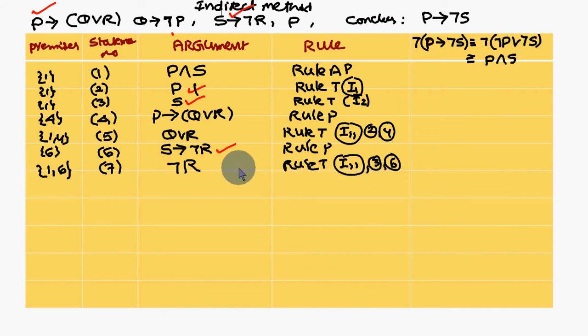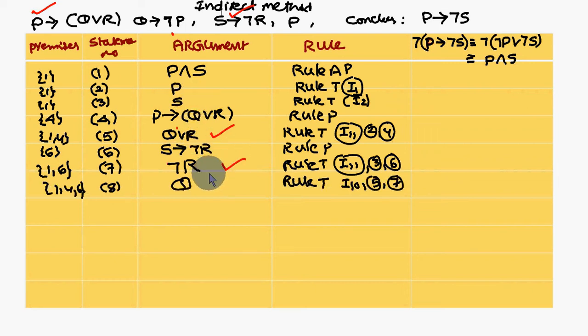Okay. Next what I am doing is Q. How did you get this Q? The 5th and 7th statements I have combined. Q or R and the 7th statement is not R. These two statements I am combining. So if you look at this, P or Q, not P, the R and not R will get cancelled, you are left with Q. This is rule I10.